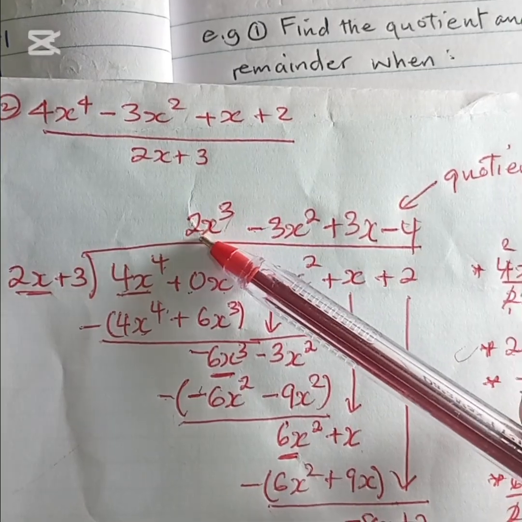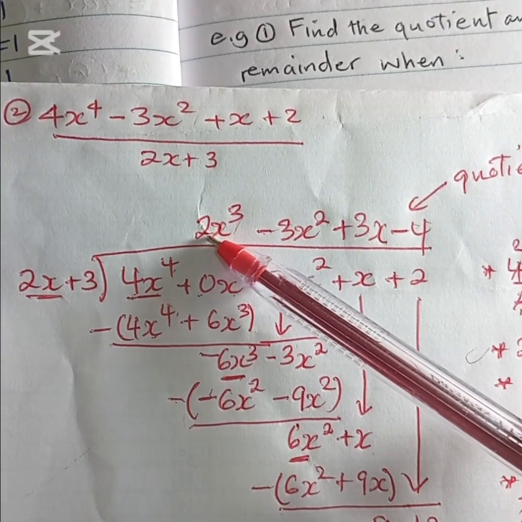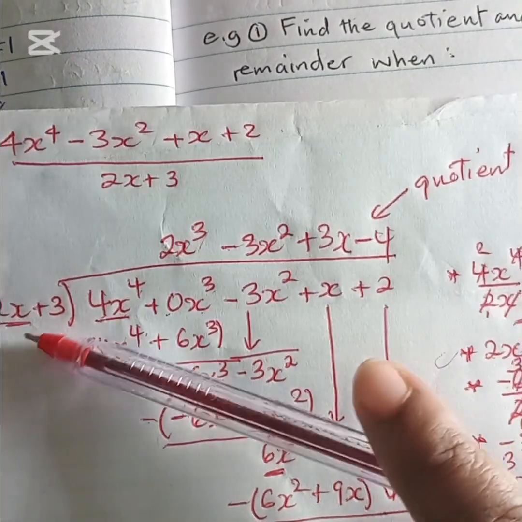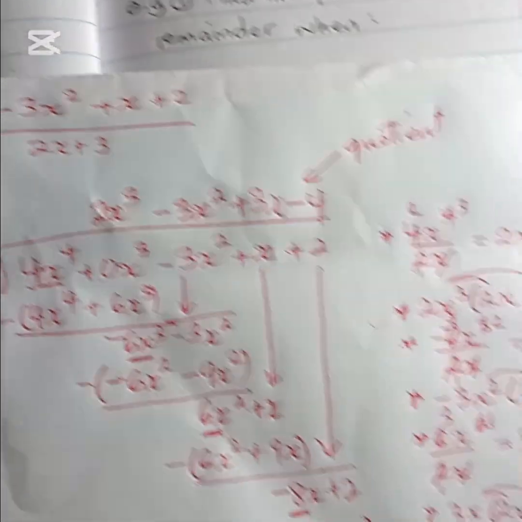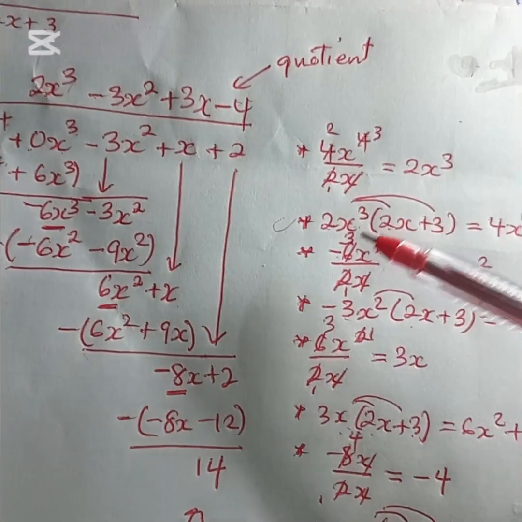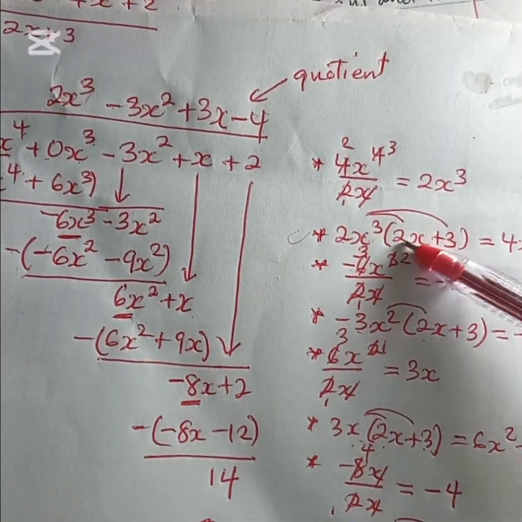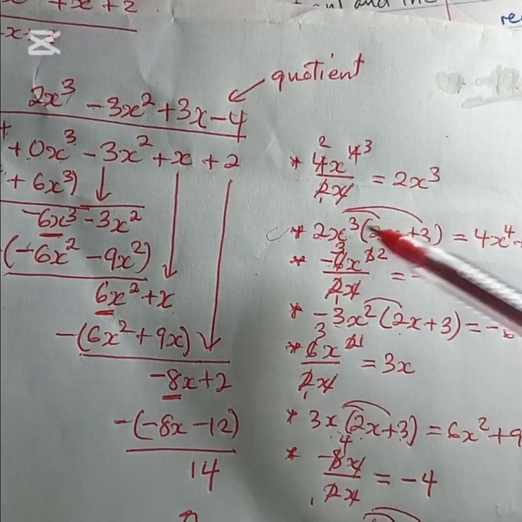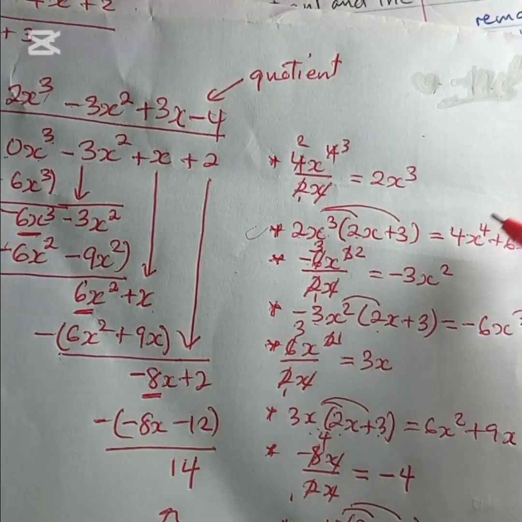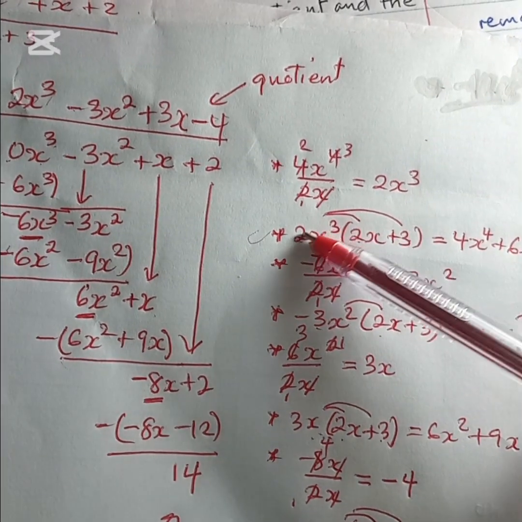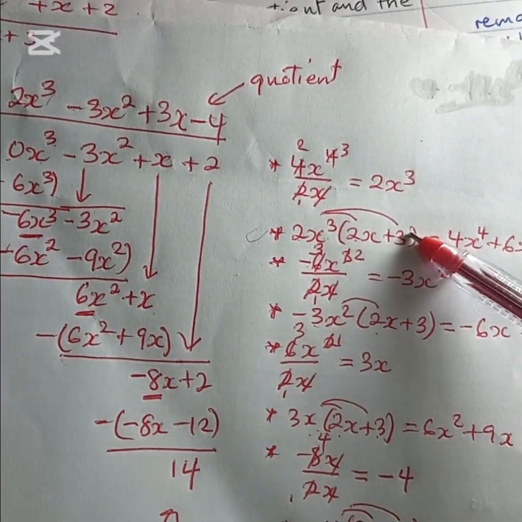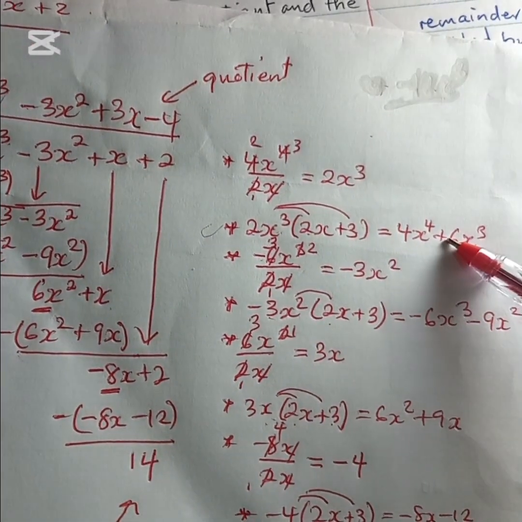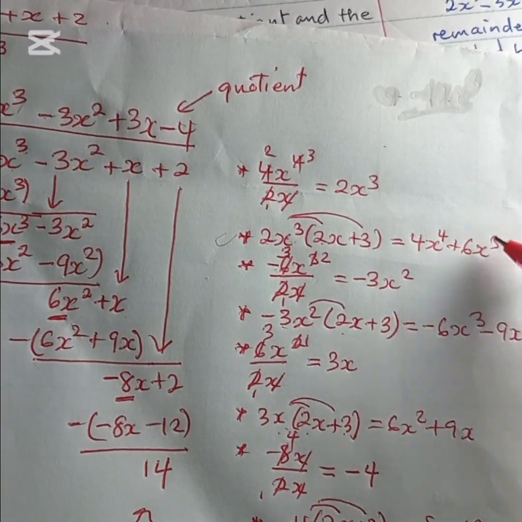And just like normal long division, we go 2x cubed times 2x plus 3. I did it here. 2x cubed times 2x plus 3, expanding. 2 times 2 is 4, x cubed times x is x to the power 4. 2x cubed times 3 is positive 6x cubed.